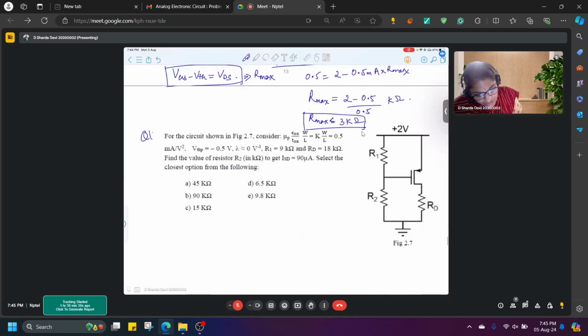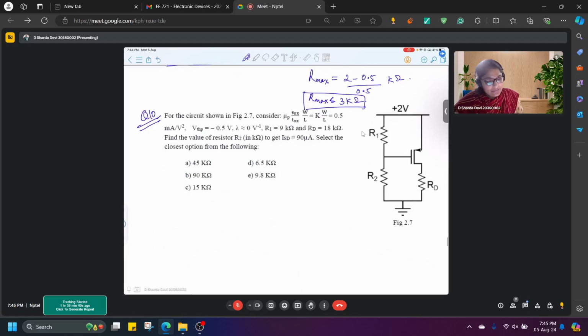Now this is question number 9. This is question number 10. Again, a similar problem. We see W by L is 0.5 milliampere per volt. VTH, because it is a PMOS, is minus 0.5 volts. Lambda is again 0 volt inverse.